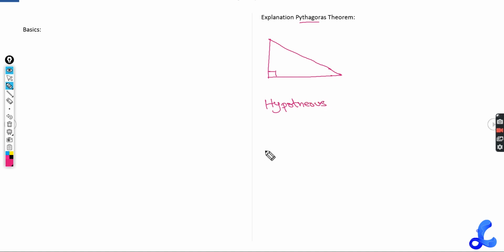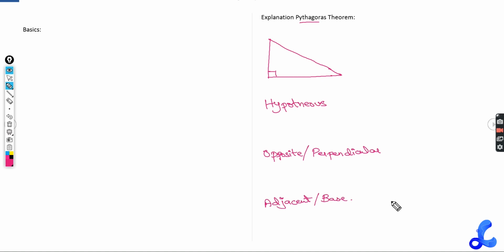The second is opposite, also known as perpendicular, and the third is adjacent, also known as base. So these three sides are very important to recognize, not just in Pythagoras theorem, but there will be trigonometric ratios as well. Over there also you have to remember these sides properly.